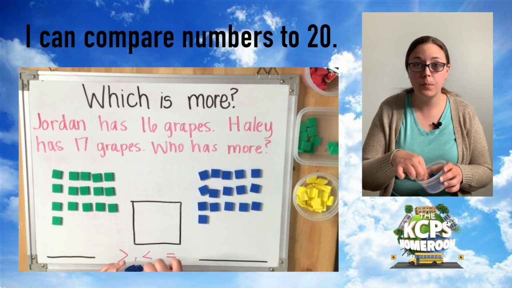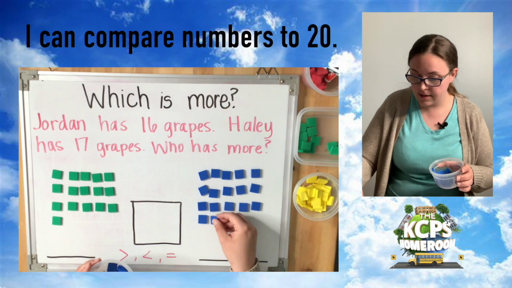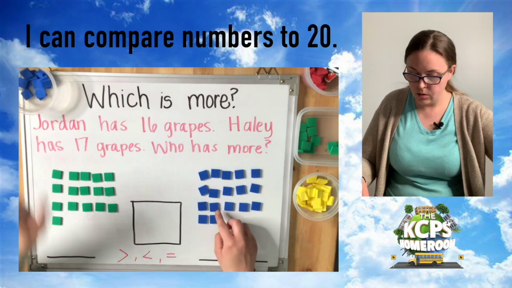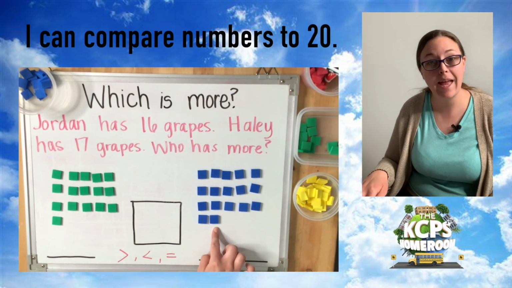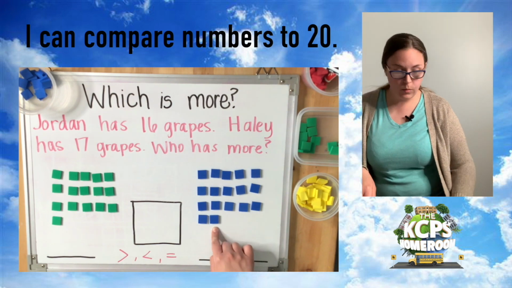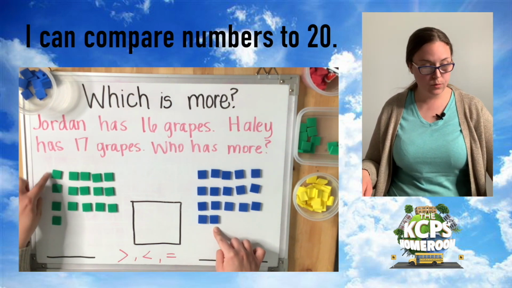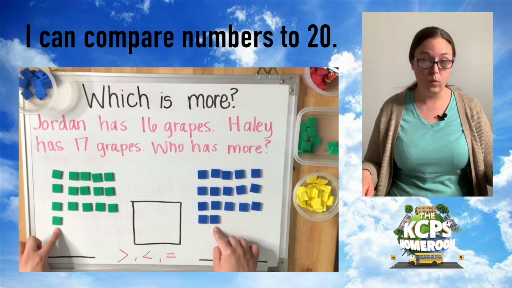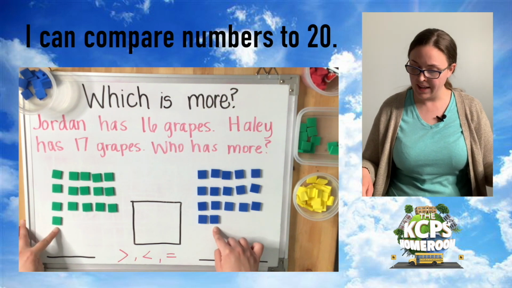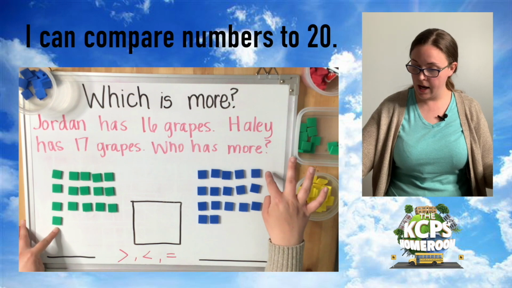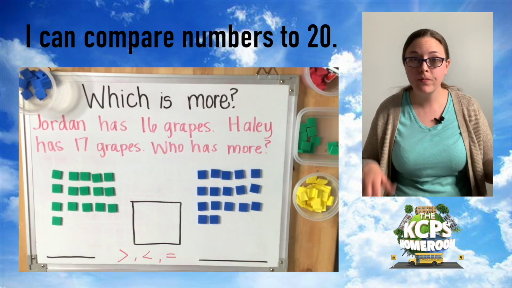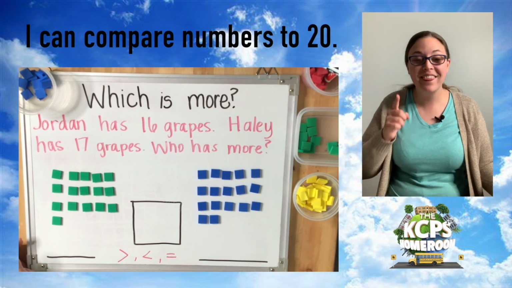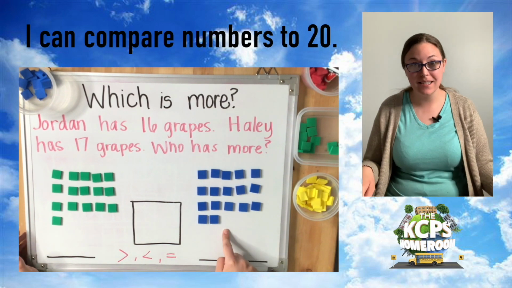And I'm going to put one more, 17. So if you listened to me count, you heard me count higher with Haley's grapes, right? Jordan has 16. He has 3 rows of 5 and 1 row of 1. Haley has 17. She has 3 rows of 5 and 1 row of 2. Who has more? That's right, Haley has more.